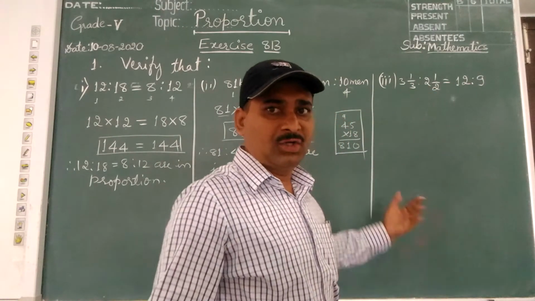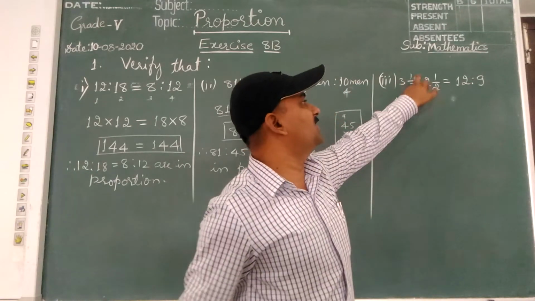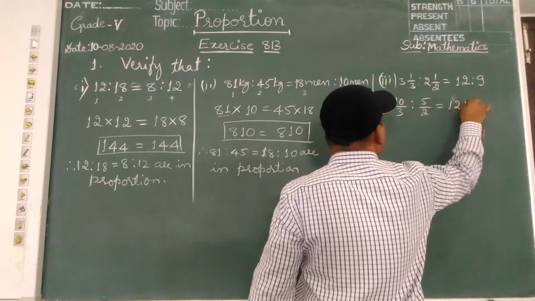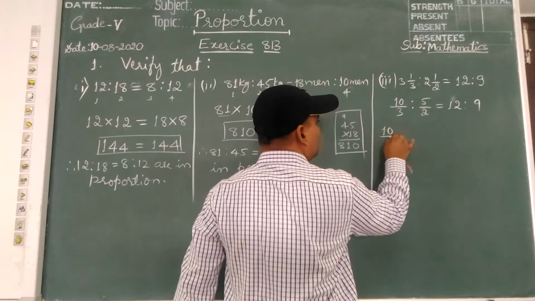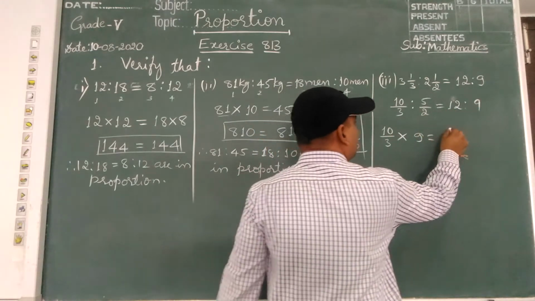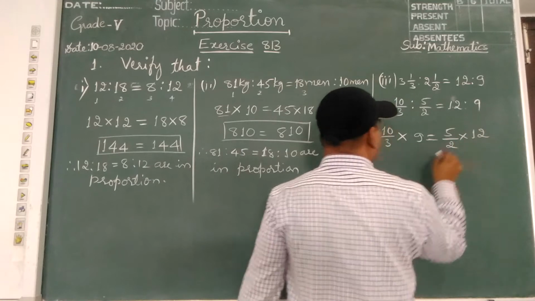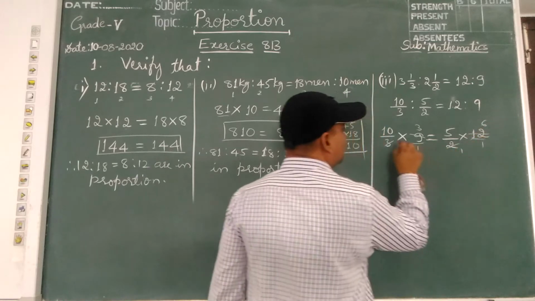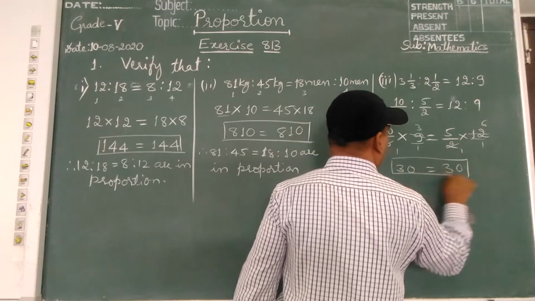Third one. Convert this into a proper fraction. 3 3s are 9 plus 1, 10 by 3. 2 2s are 4 plus 1, 5 by 2. 10 3s are 30, 5 6s are 30, both are equal.